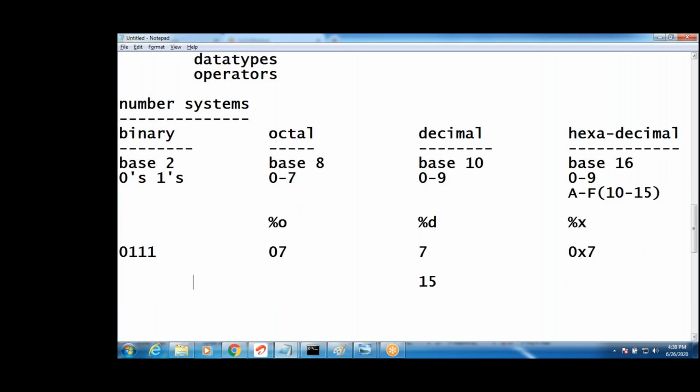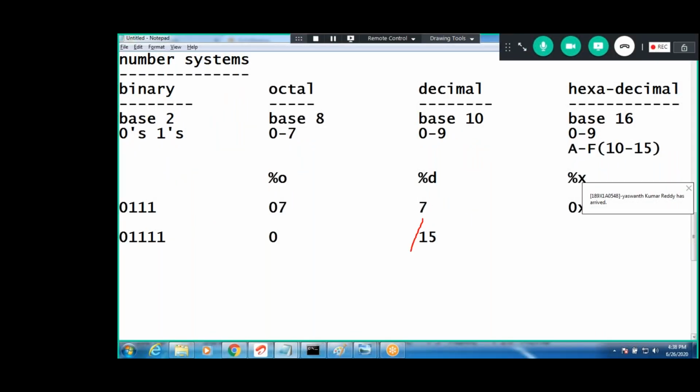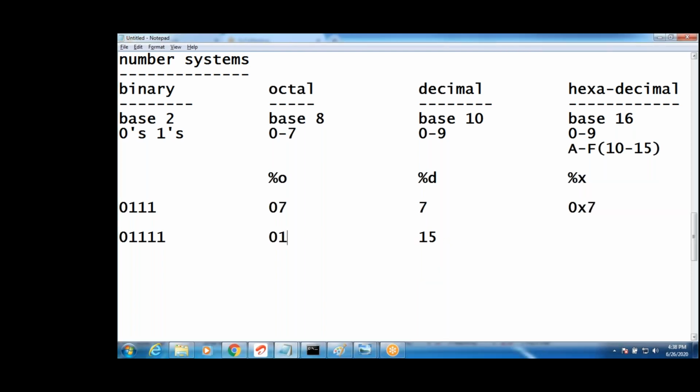Binary we get 1111, four ones. 15 by 8, how to do this? 15 by 8, how many times? 1 time, remainder is 7. So we get 017, which is the octal format. By 16, 15 is not possible to divide, so it is 0xF. You know, right?